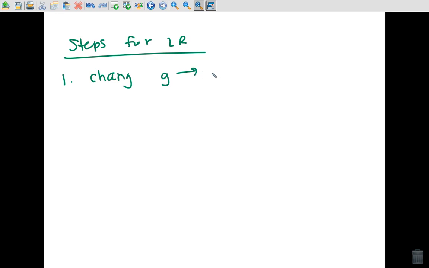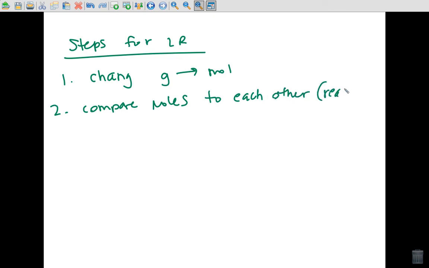Just a quick review of limiting reactants. So steps for LR. 1, you're going to change grams to moles every single time. 2, then you're going to compare moles to each other, and remember, it's always going to be the reactants, using a mole-to-mole ratio.